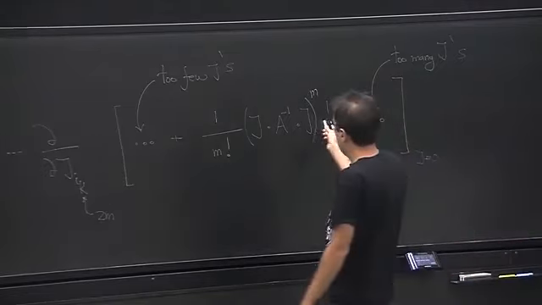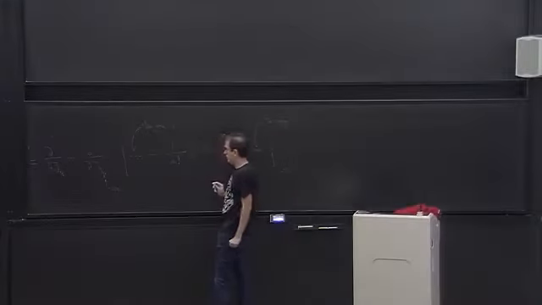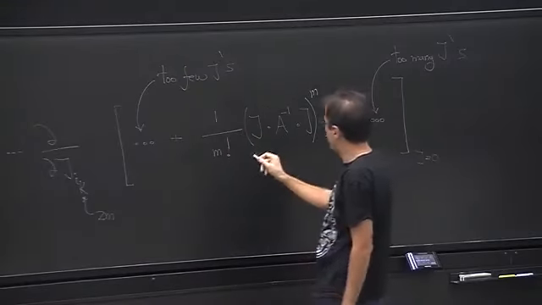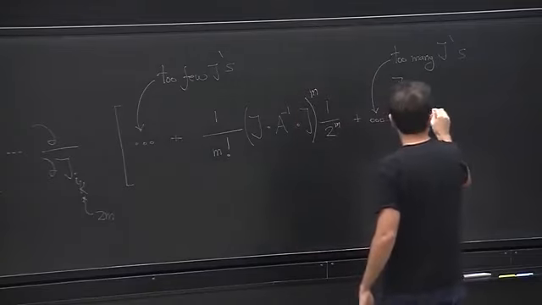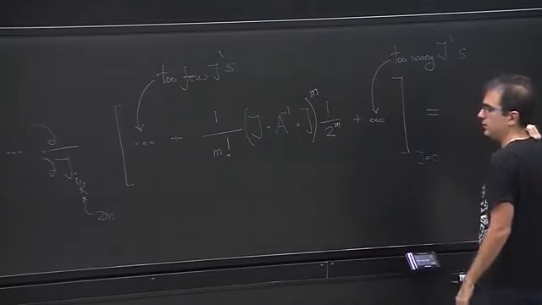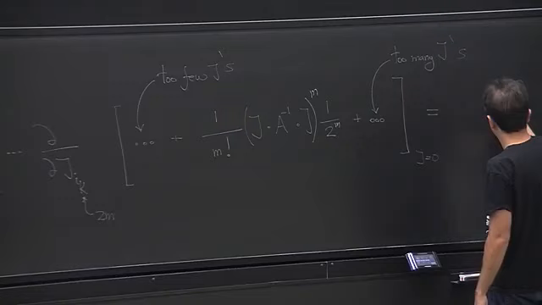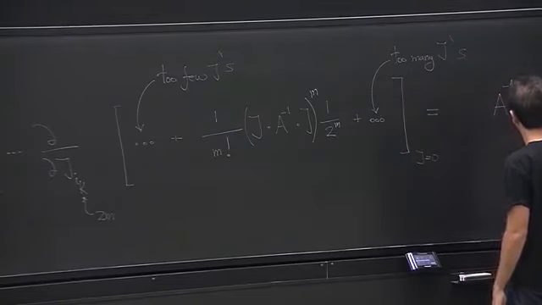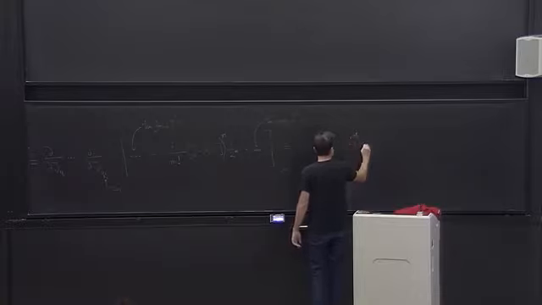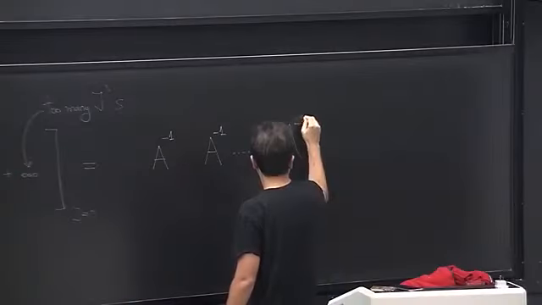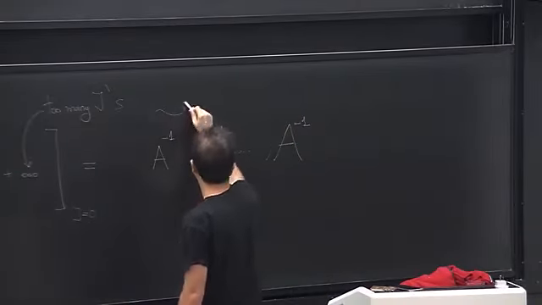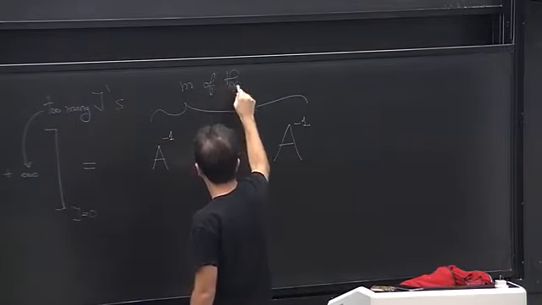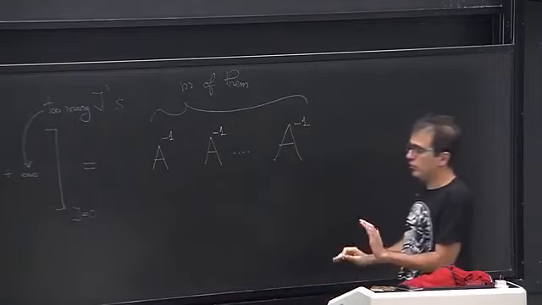After I take all the derivatives, I will get a bunch of a minus 1s, a minus 1, a minus 1. There are m of them. We took the derivatives, now there are no more j's.